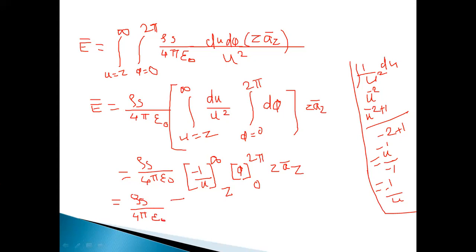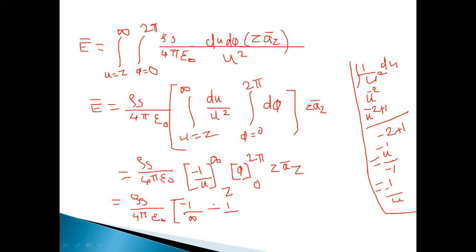Now just to put the values here: the upper limit is infinity, so it is minus 1 divided by infinity minus 1 divided by z.